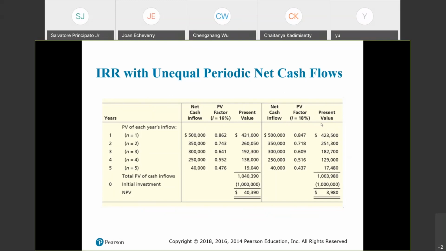Well, this is the calculation of IRR with equal or unequal periodic net cash flow. But to know the exact amount, it is a better procedure to use a business calculator or Excel.